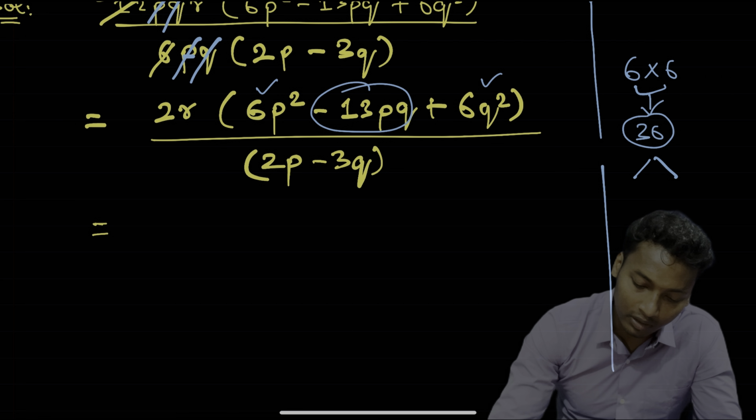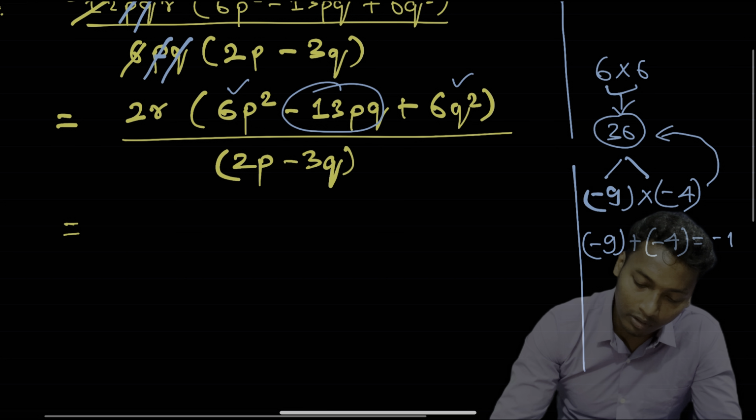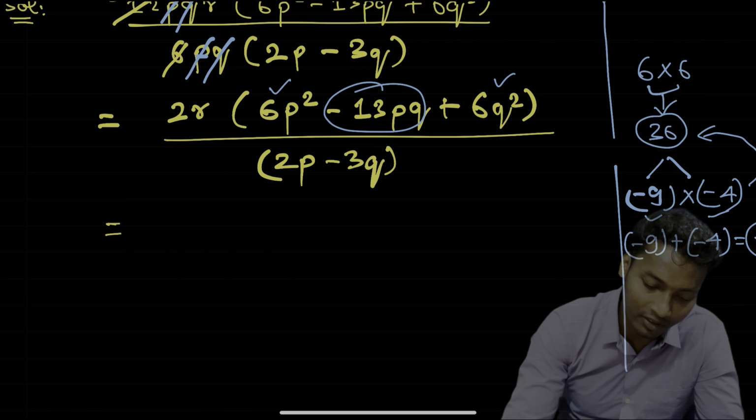If you take negative 9 and multiply it by negative 4, you will get positive 36, and when you add negative 9 with negative 4, you get negative 13. So we can use these factors negative 9 and negative 4 to split the middle term, that is negative 13pq.